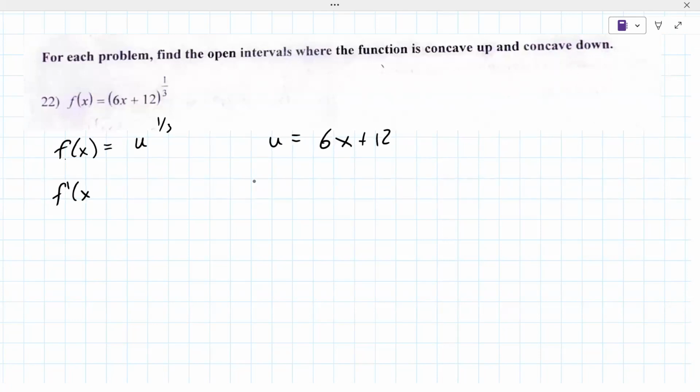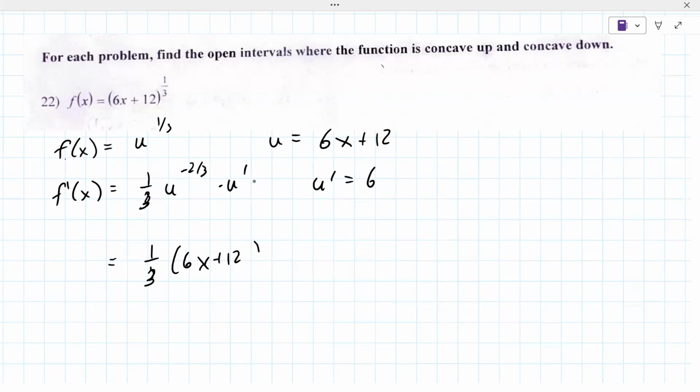So your derivative is 1/3 u to the minus 2/3 times u prime. And so u prime is 6. So we've got 1/3, 6x plus 12 to the minus 2/3 power times 6, like that.